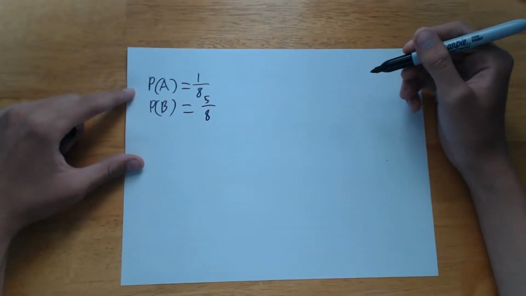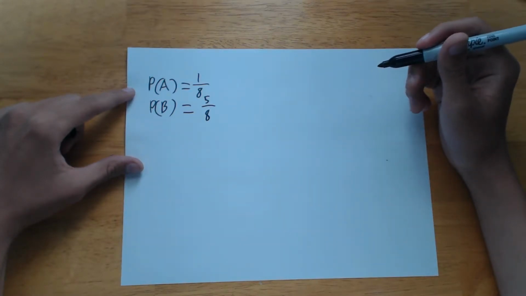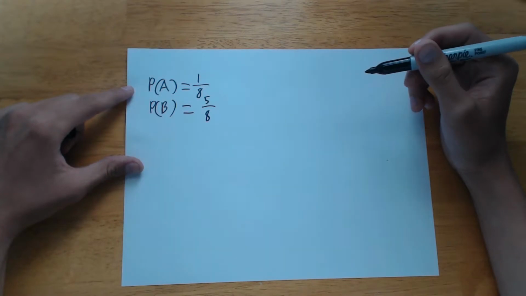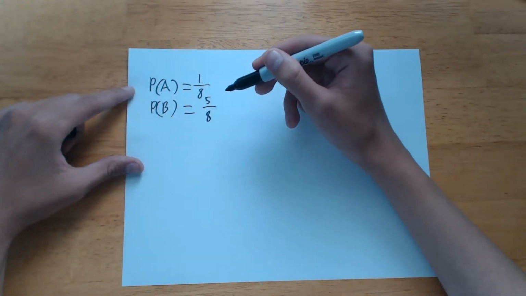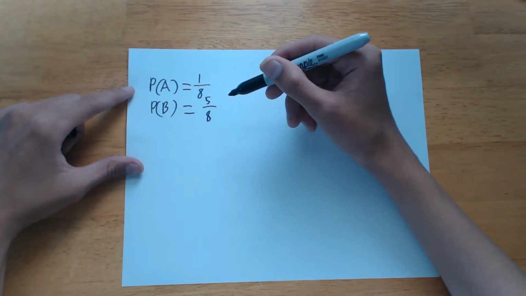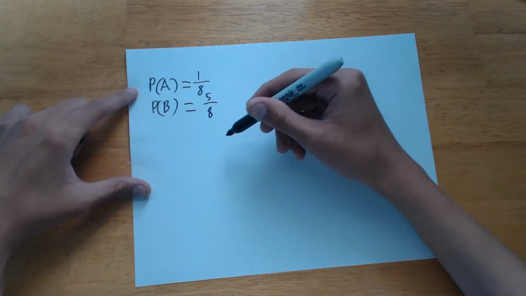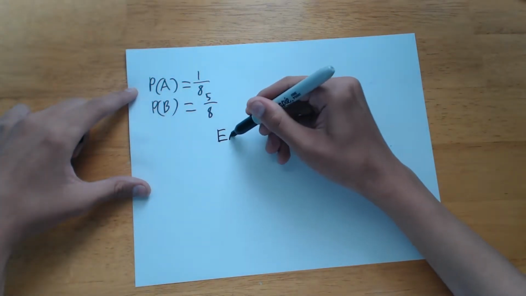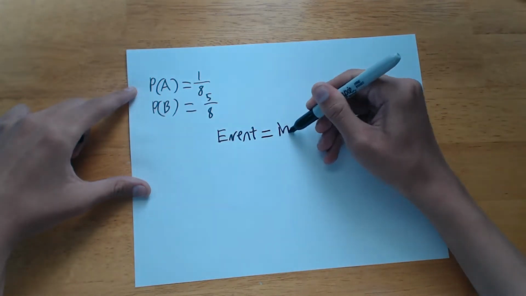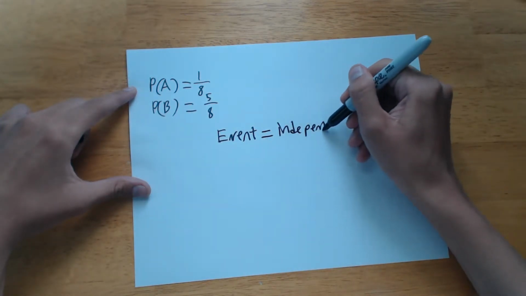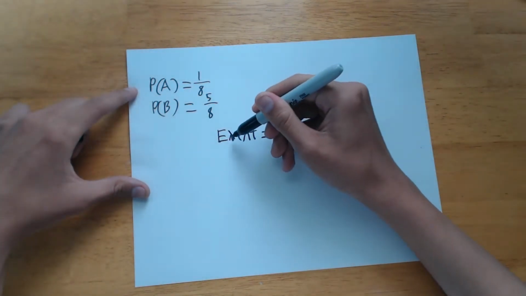So those are the two events, and we're trying to find out what is the probability that we get a 5 on the first spin and a number greater than 3 on the second spin. So these two events would be independent, because one event doesn't affect the other.